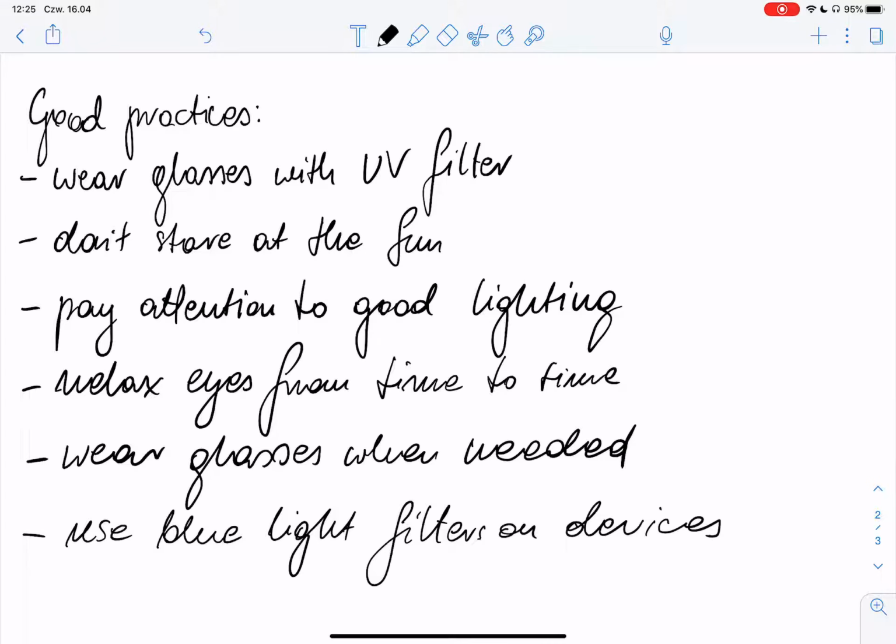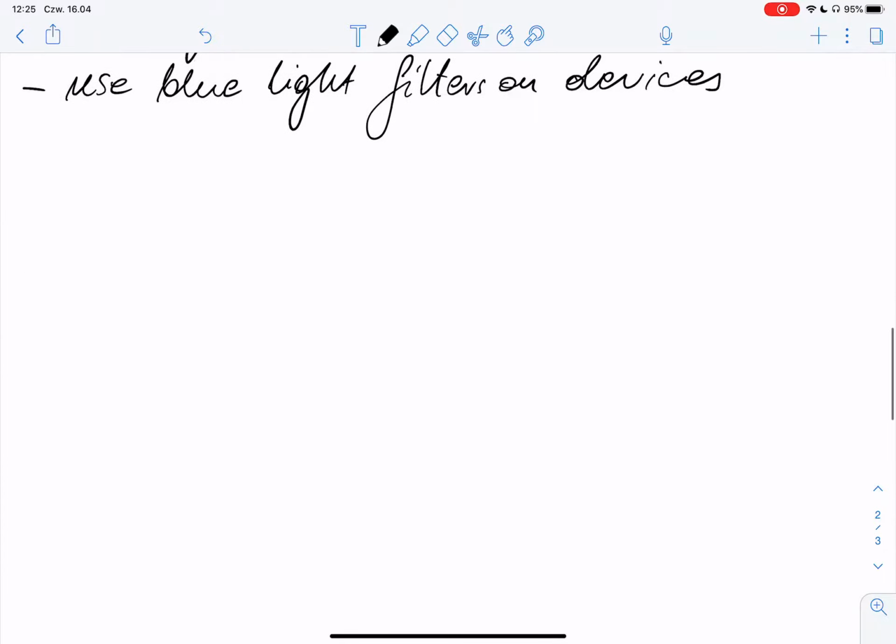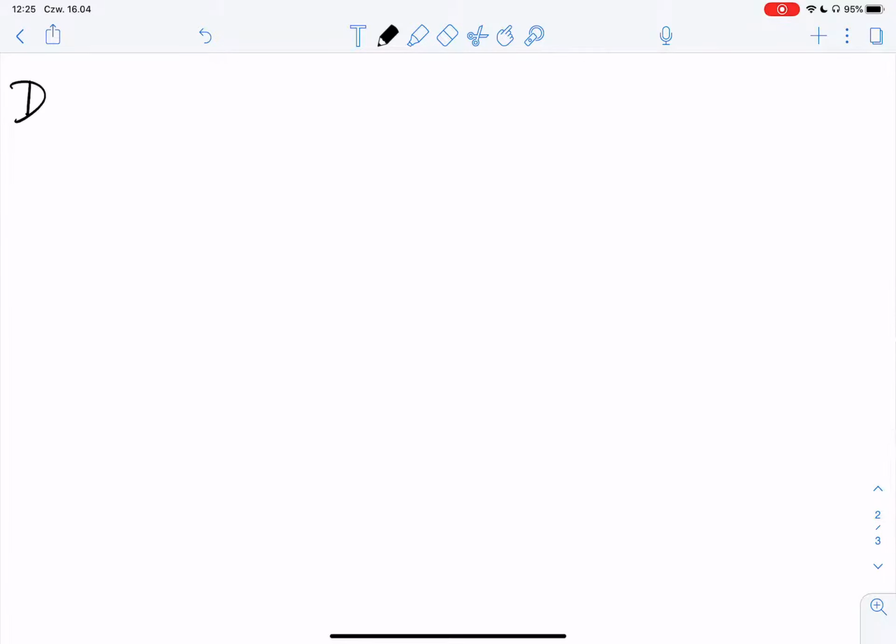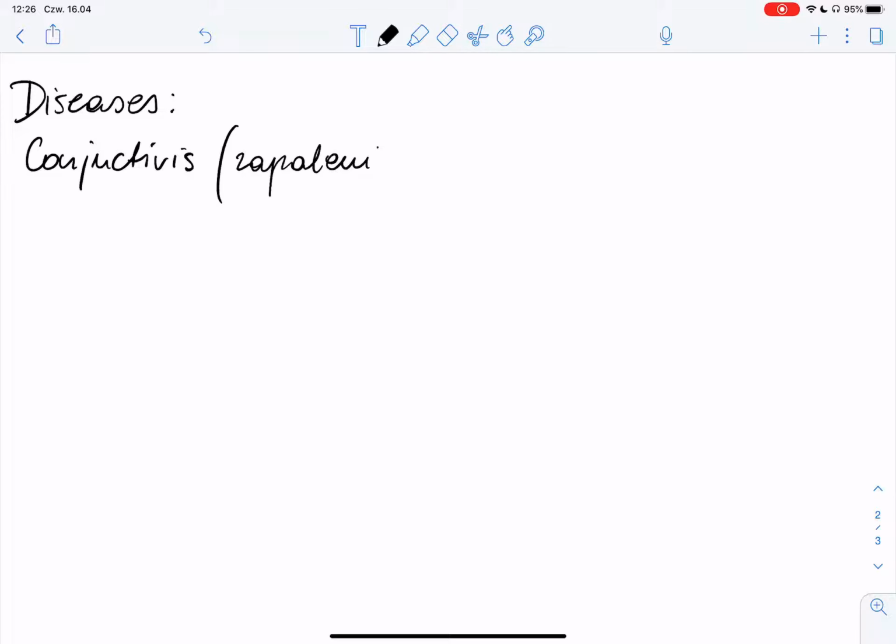And guys, let's talk about some more diseases in this case. The first disease is conjunctivitis. Po polsku zapalenie spojówek.